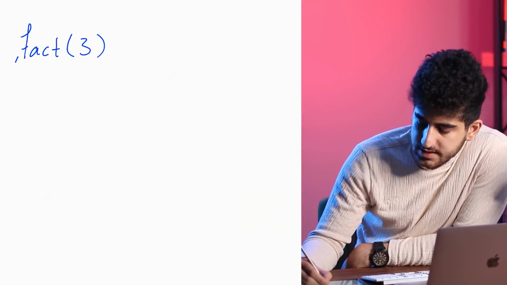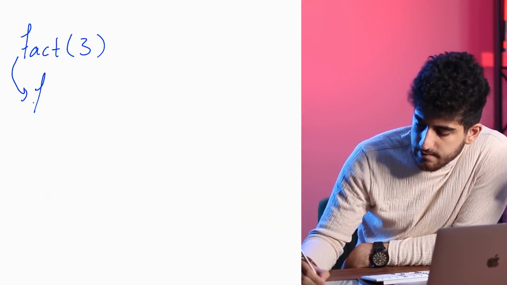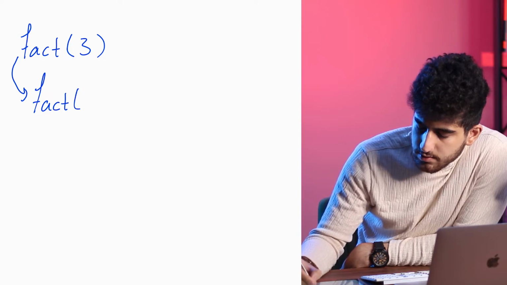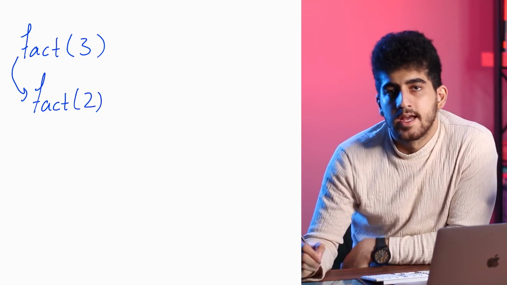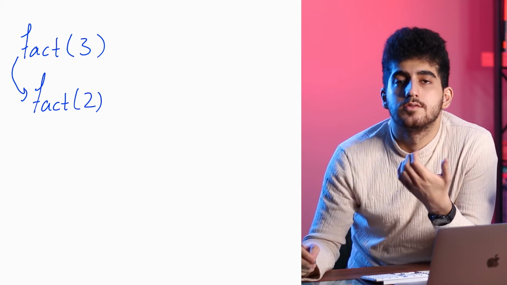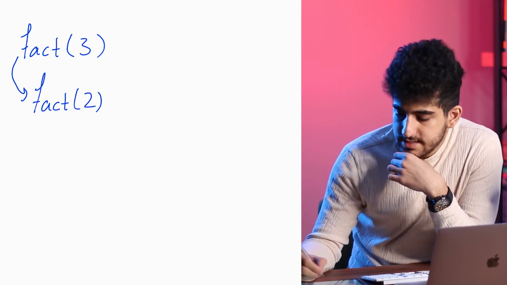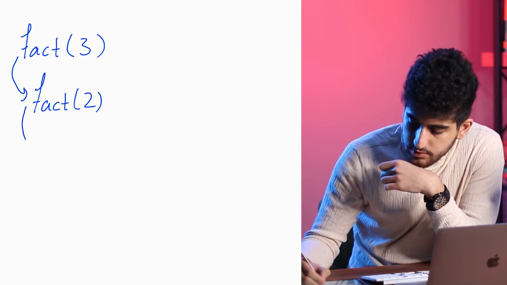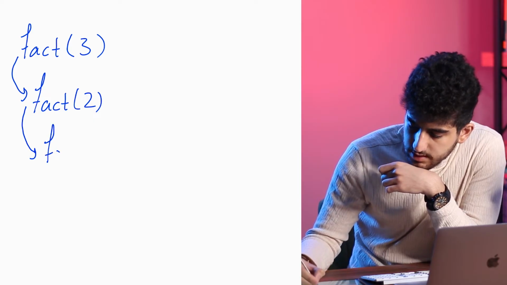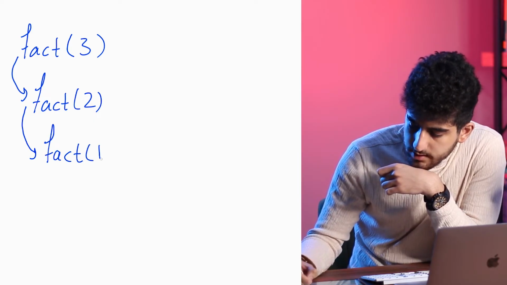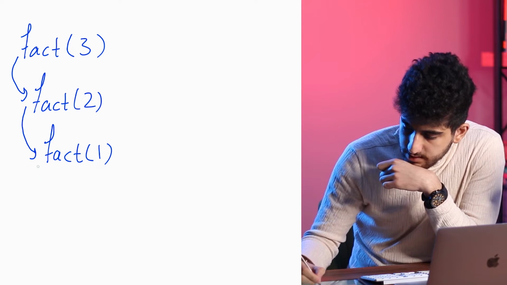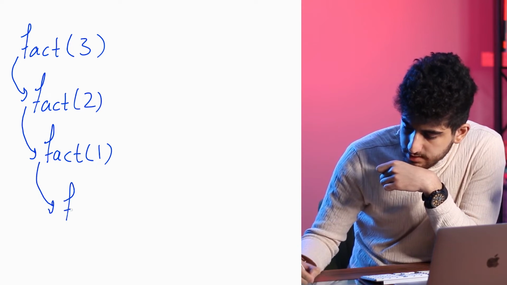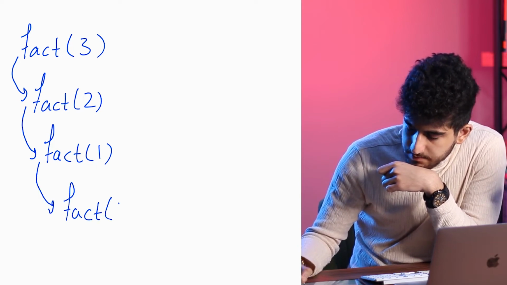So it first calls the factorial of 2. It first wants factorial of 2 to be solved. Then factorial of 2 itself will call factorial of 1. Then factorial of 1 will call factorial of 0.